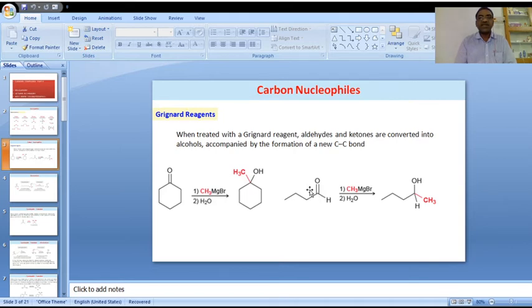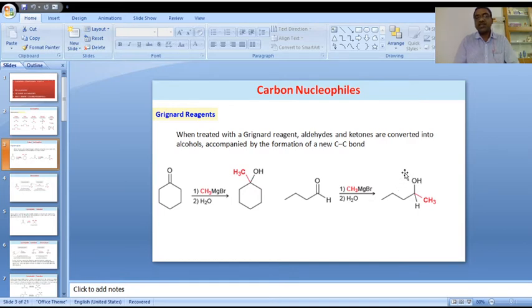Immediately the pi bond breaks. The pi bonded electrons are attracted by the highly electronegative oxygen atom, so the oxygen atom gets negatively charged. That negatively charged oxygen immediately abstracts hydrogen from a water molecule and is converted to an alcoholic functional group.